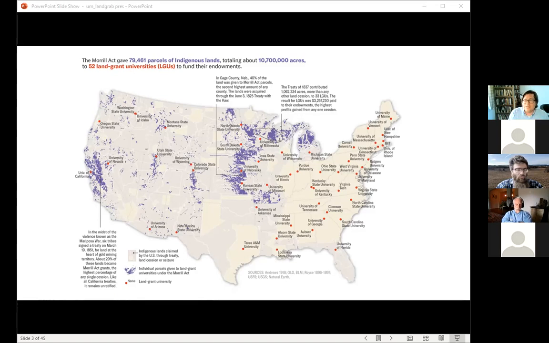So what happens in 1862 with the Morrill Act is the nationalization of this idea, this program, turning it from a haphazard group of funding sources into a national program.